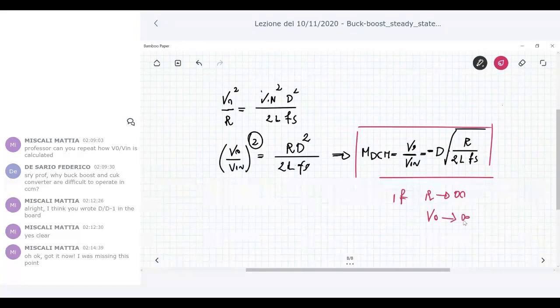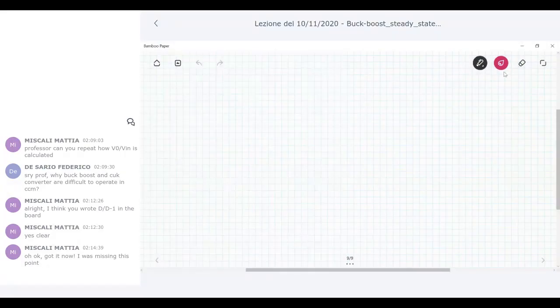Okay, parameters of the DCM buck boost converter. The classical parameters are the audio susceptibility, the small signal output resistance, and the gain.